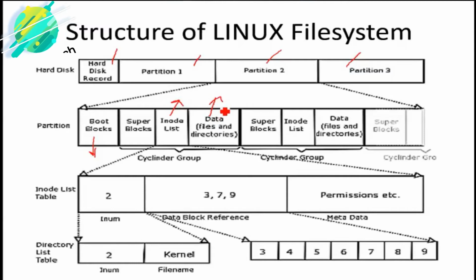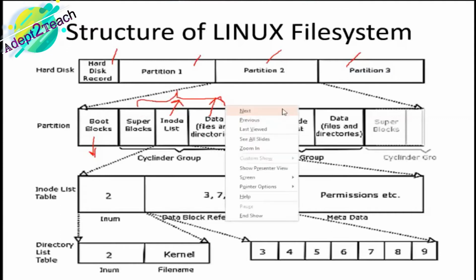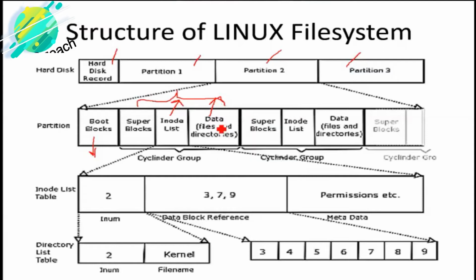So whatever the files and directories are, that is the actual data block. This is your entire set of data. Now in every partition you will see some parts repeating, like these three blocks are repeated. There may be a lot of inode lists, a lot of files, and a lot of data, and going back again and again is not possible.